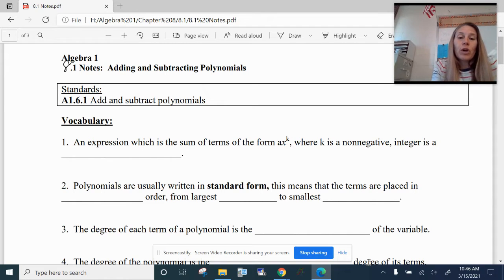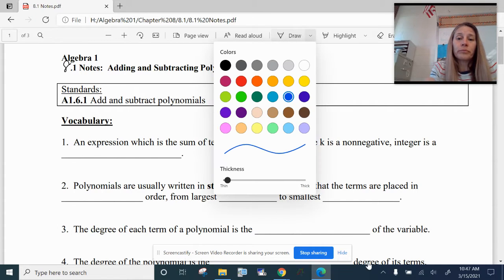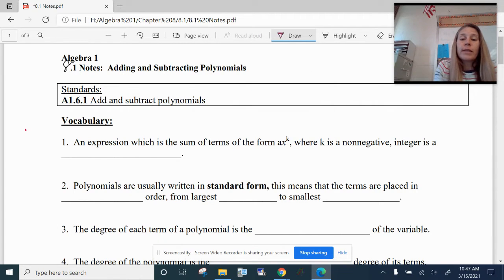So the first thing we're going to talk about here is an expression which is the sum of terms of the form ax to the k power, where k is a non-negative integer, is a polynomial.